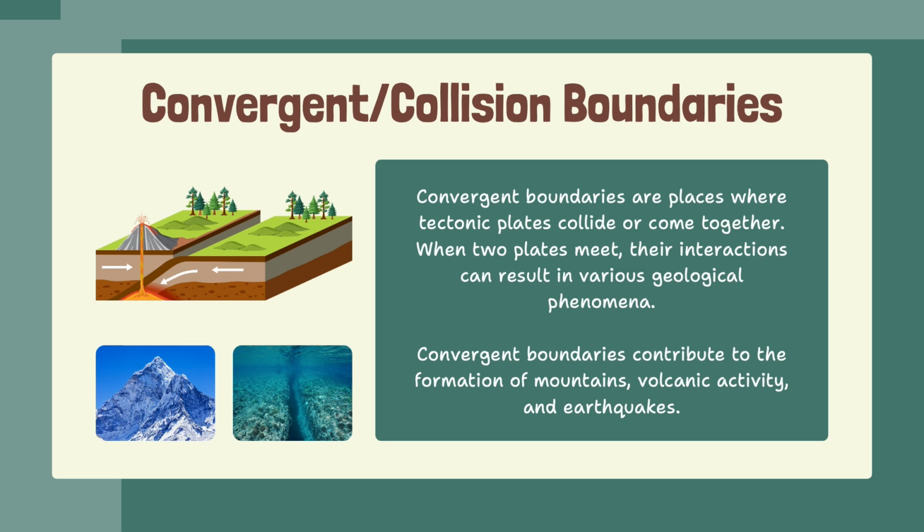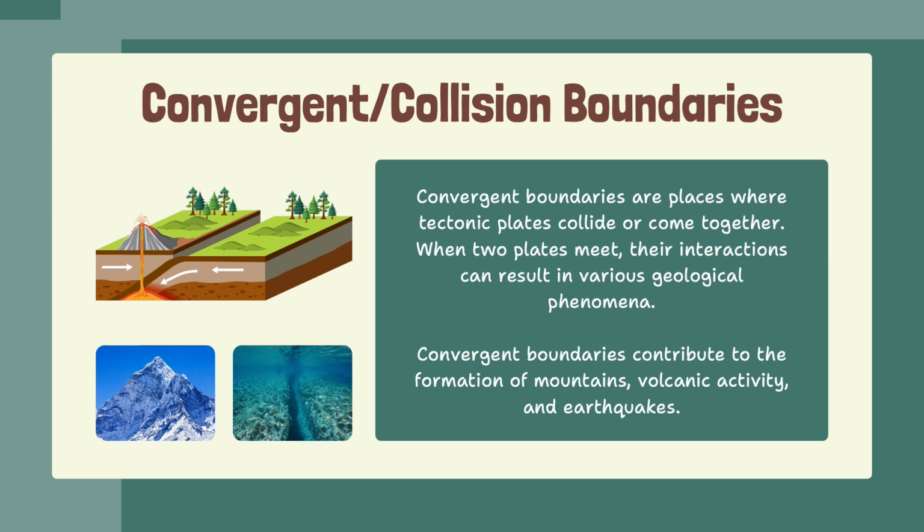Okay, now we go further into the convergent or the collision boundaries. They contribute to the formation of mountains, volcanic activity, and earthquakes. Why mountains? But we said they are destructive, like that's a question that you need to have.